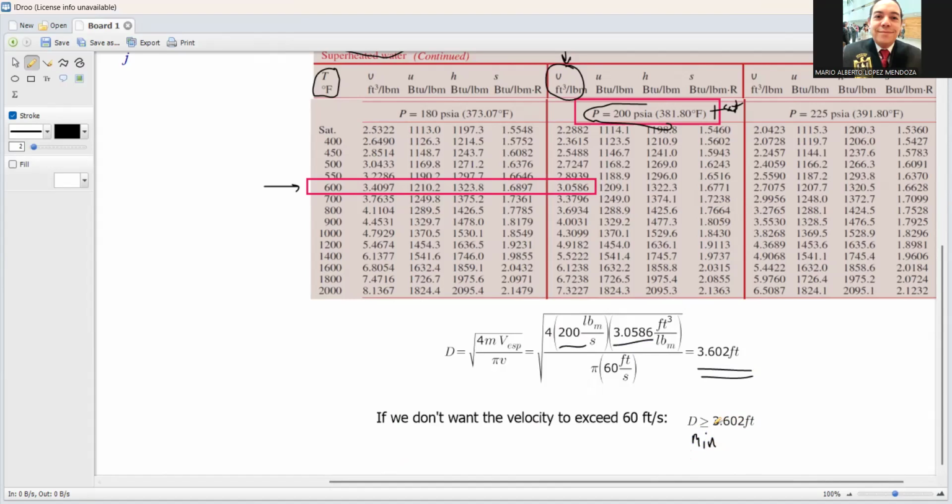We can use a 4 feet pipe or higher, and the velocity will be less than 60 feet per second. If we use a pipe with a lower diameter, the velocity of the steam will increase. So this is the reason that we said that this is the minimum diameter, and this is the answer for this example. If you have any doubt, please let me know. Have a nice afternoon.